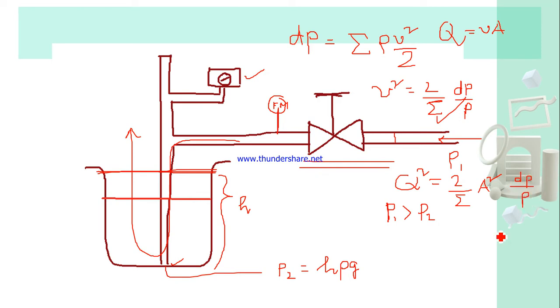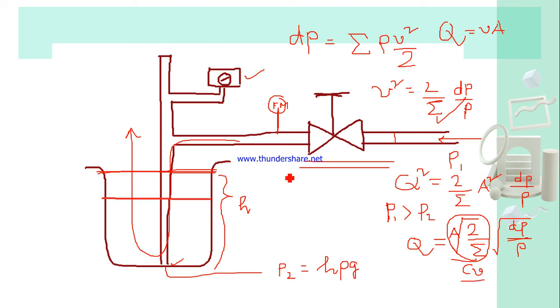Okay, so my Q is equal to A times root of 2 by sigma into root of dP by rho. This term is called the flow coefficient.